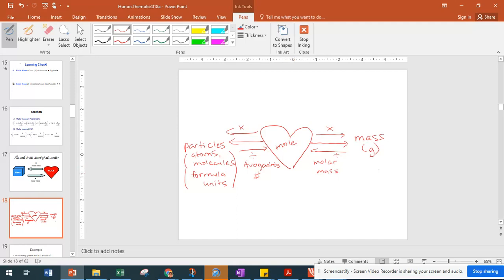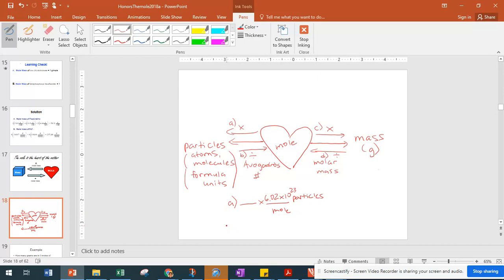Just to clarify, I'm going to label these as A and B, and then C and D. For A, we will have what we have in our problem multiplied by 6.02 times 10 to the 23rd particles per mole.